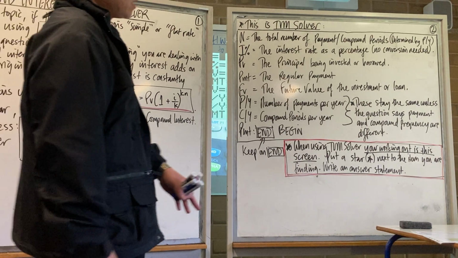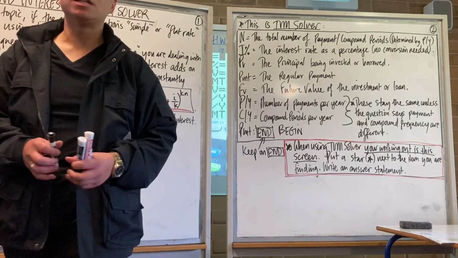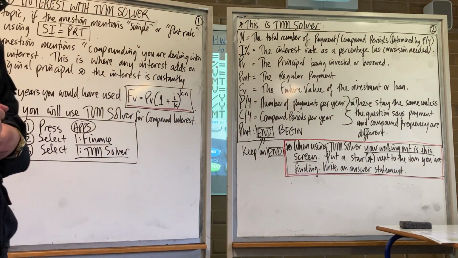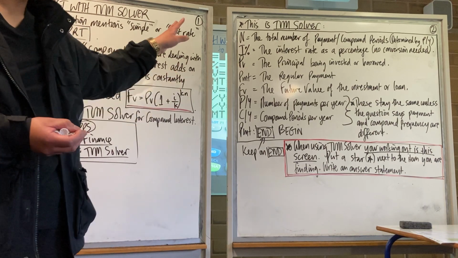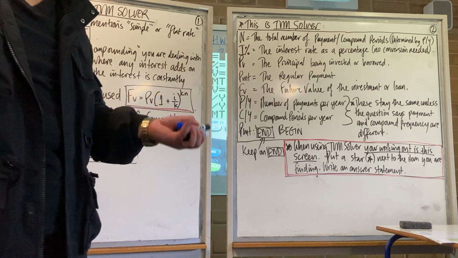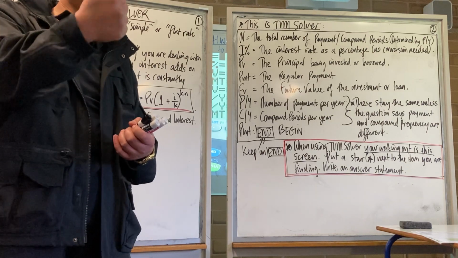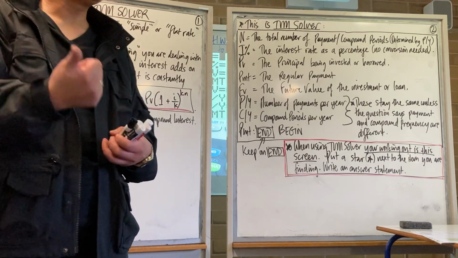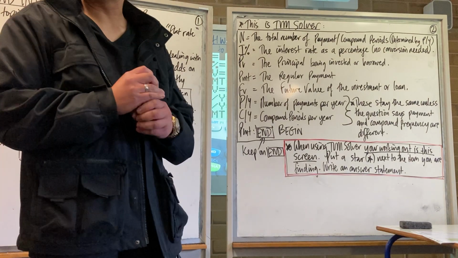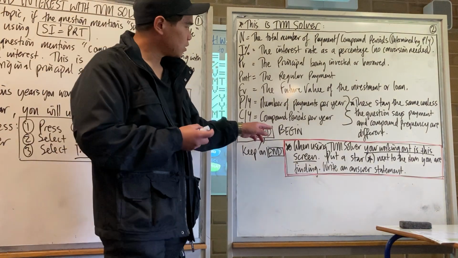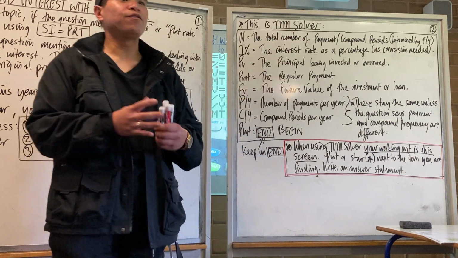These will stay the same unless the question says payment and compounding frequency are different. I can tell you now, SACE has told us they will always be the same, but this may be the most useful maths that you do in this year, because you can use it on your actual home loan. You can use it on your interest earning accounts at the bank. Do you always have to pay the bank every month?